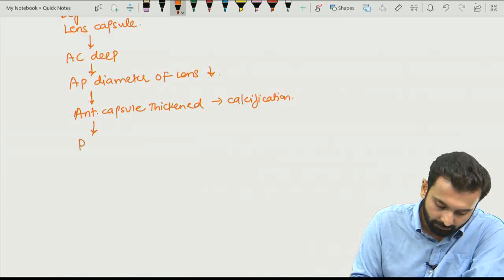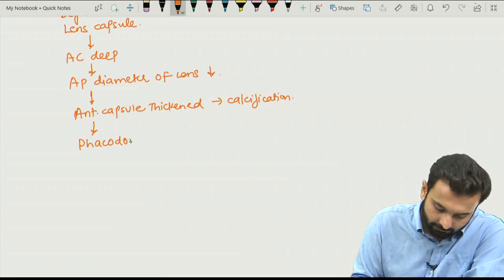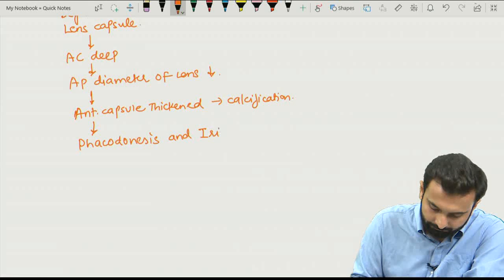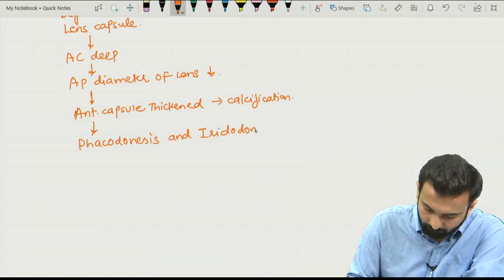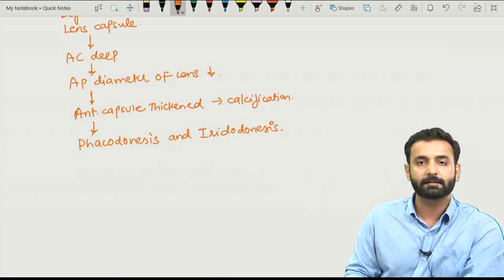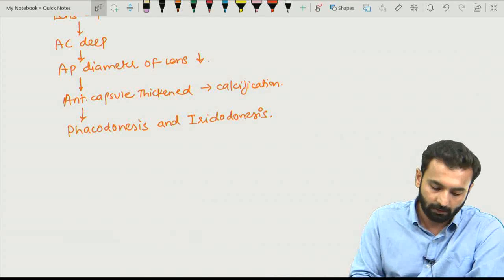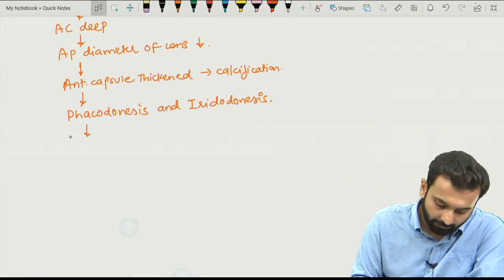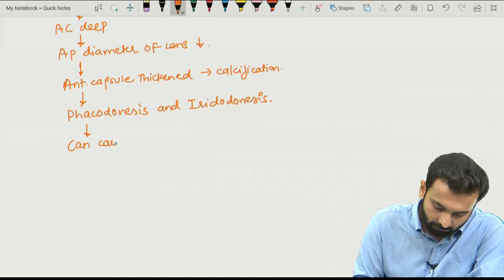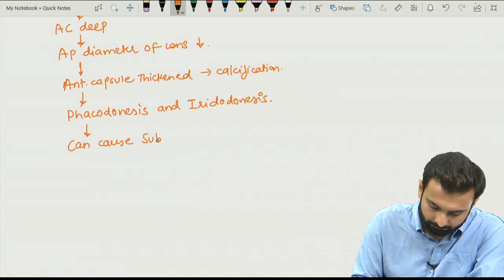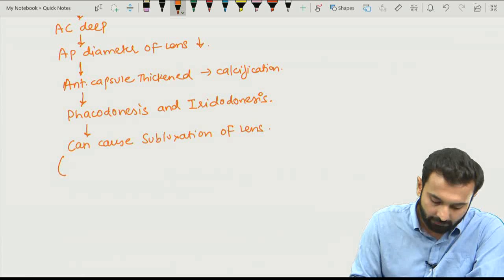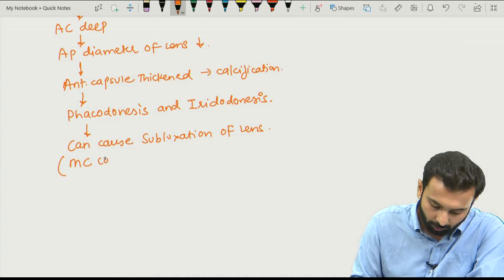The condition is known as phacodonesis and iridodonesis, which can cause subluxation of the lens in hypermature senile cataract. This is the most common complication.